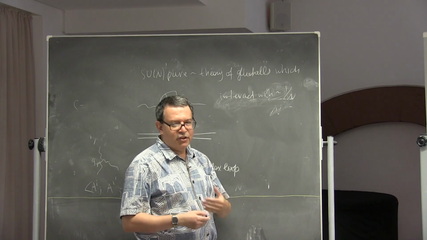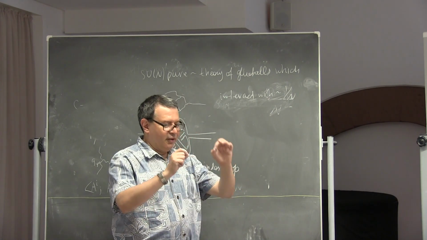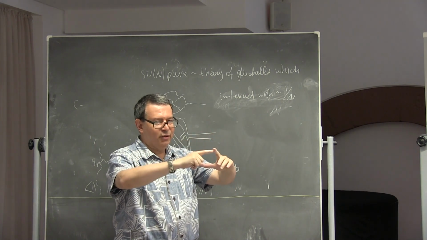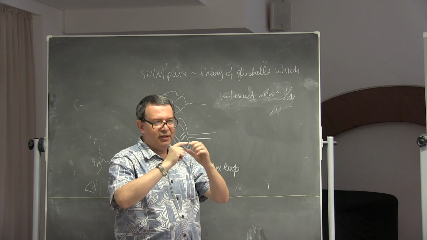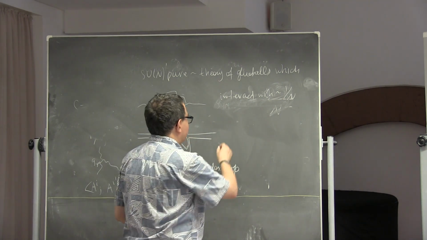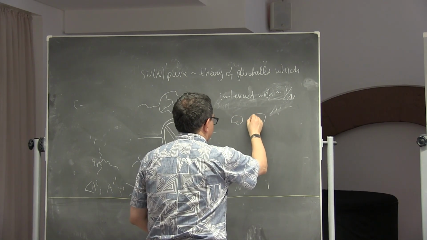It becomes much nicer in the large N limit, because you basically have one glueball and another glueball. They can join and form a third glueball, and this joining strength is of order 1 over N. So you have one closed string and another closed string.